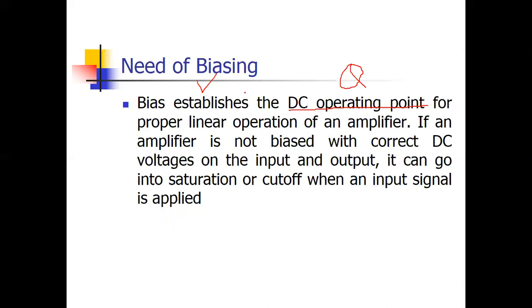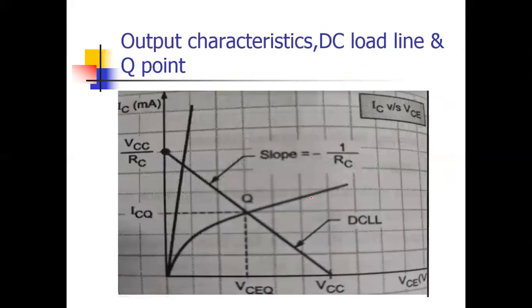But why do we need biasing? We need biasing due to this Q point. This Q point should be stable. This Q point should be correct. If you remember the previous lecture, this is the output characteristics of the transistor, drawn between IC and VCE when IB is constant.